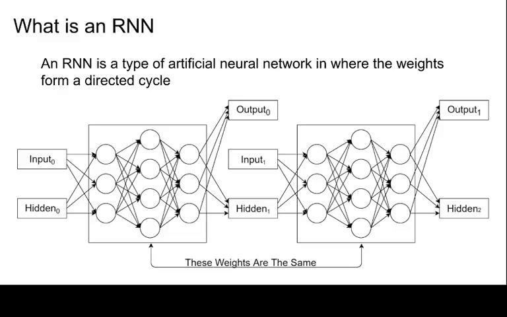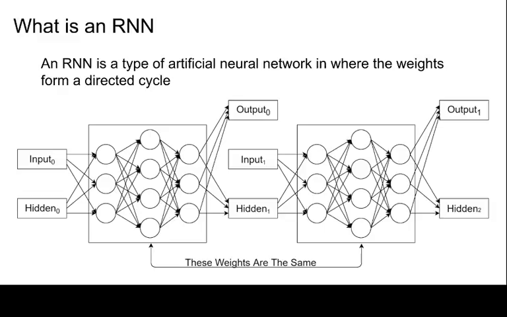Then the input is, let's say, the next word, and output 1 is the tag for that. If you wanted to do sentiment analysis, this is the same kind of architecture that you'd use. You just wouldn't have these weights here. It doesn't matter whether or not they're actually getting output, you just wouldn't have the weights there. And if you wanted to do some other kind of task, we'll talk about that later.